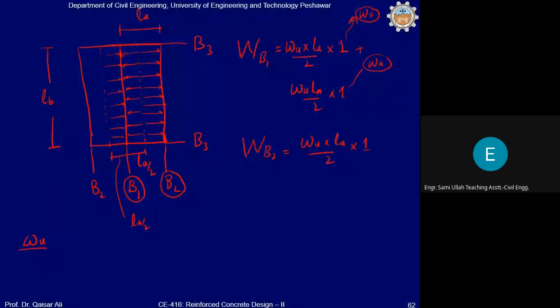Simple, you know. Half load transfers to this beam and half load will transfer to B2. Correct? And again, this coefficient is 1 because it is the load transfer along the shorter direction.